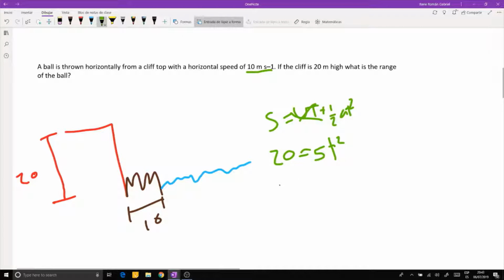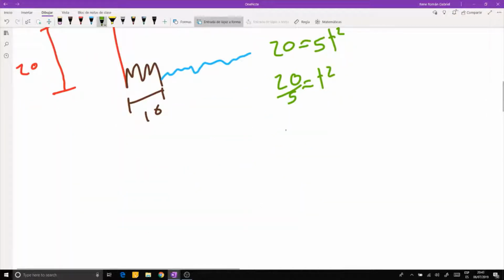So now what we would do is divide out 5 and say that 20 divided by 5 equals time squared. 20 divided by 5 is just 4, so 4 equals time squared.